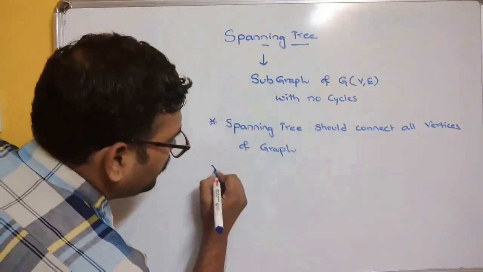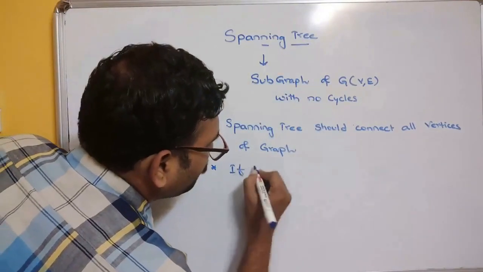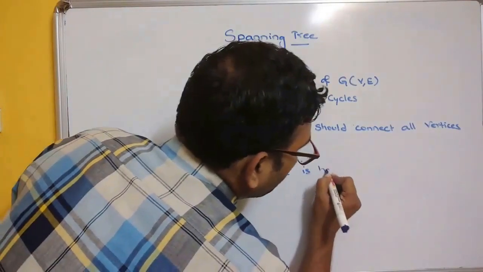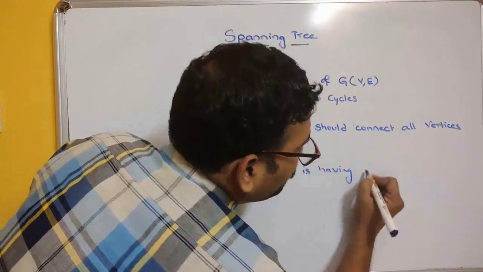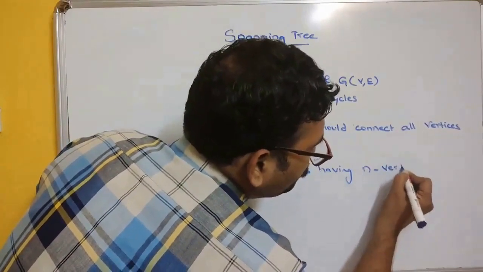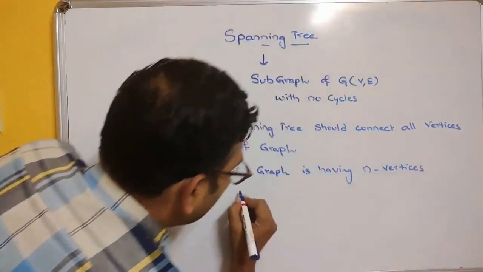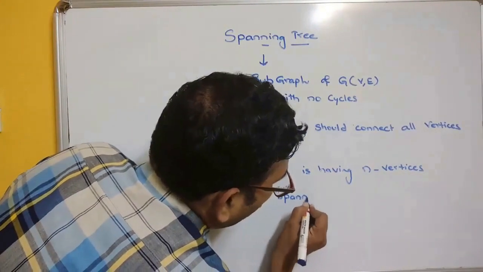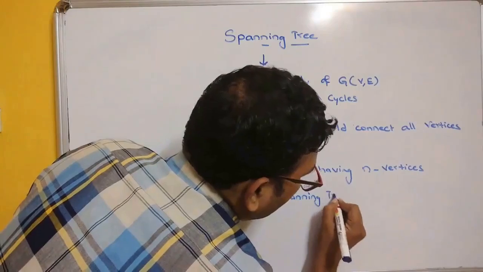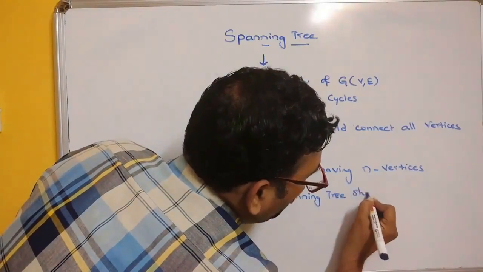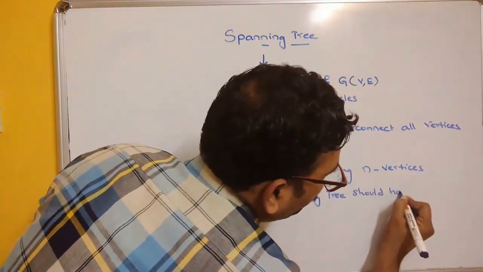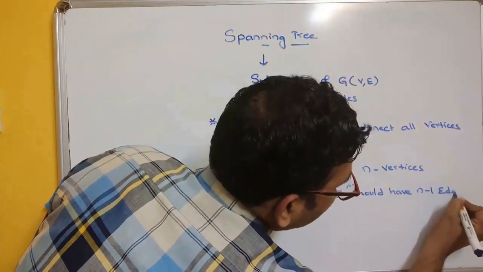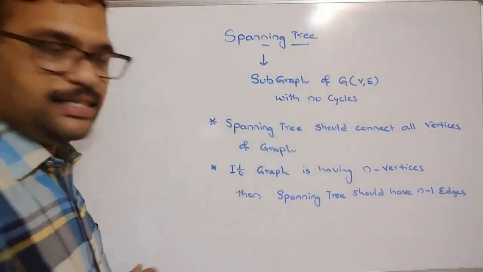And the second one, if the graph is having n vertices, then the spanning tree should have n minus 1 edges, right?